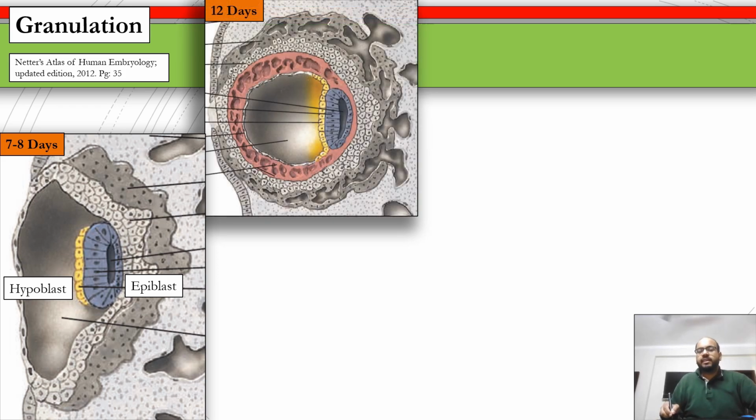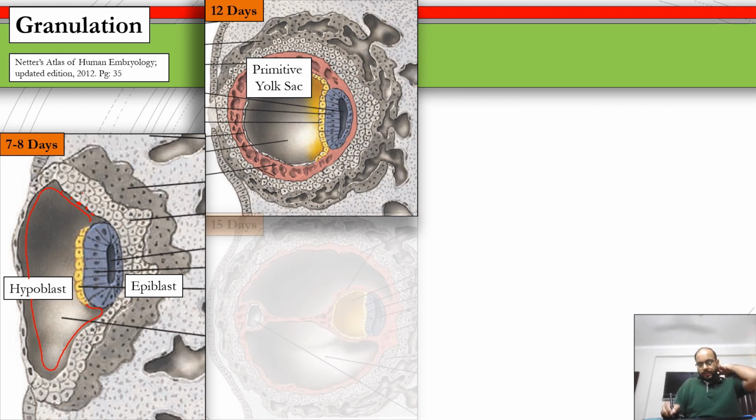Now, at 12 days, what actually happens is that these hypoblast cells will proliferate and line the entire cavity. Between this lining and the outside trophoblast lining, this area will form multiple empty spaces. The cavity lined by the hypoblast cells is known as the primitive yolk sac. Not the definitive yolk sac, the primitive yolk sac.